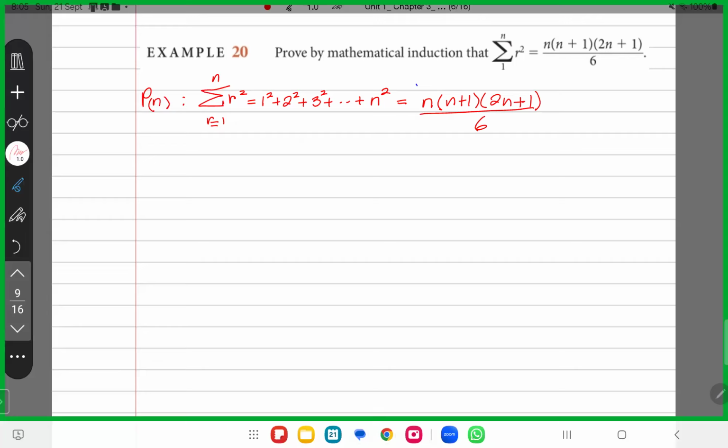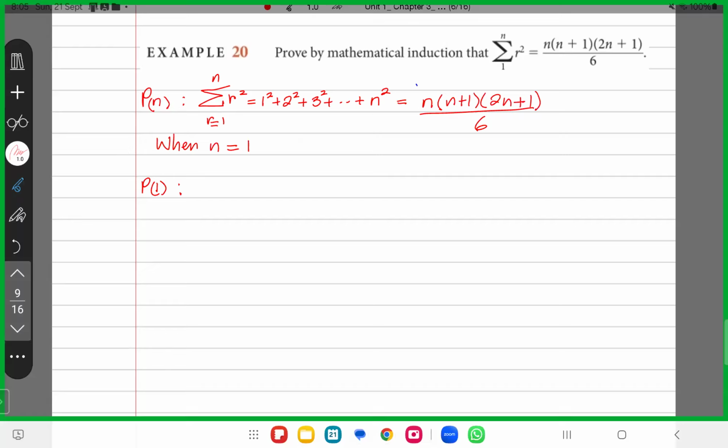Now, the first thing we're going to do is show that the statement is true when n is equal to 1. So we're going to say when n is equal to 1, we're going to get P1. On the left-hand side, when n is 1, it's simply saying the sum of the square of the first what?